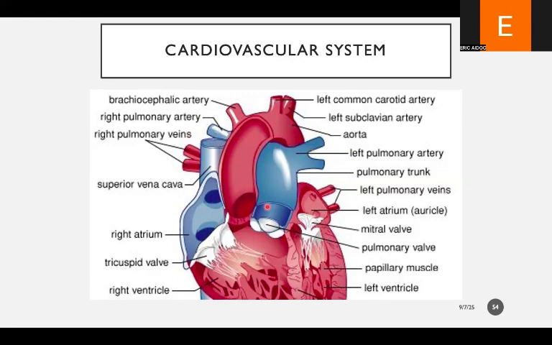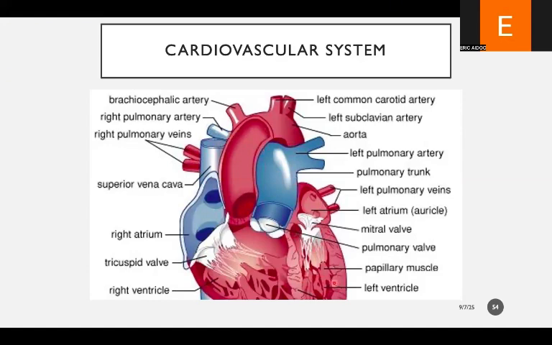These are sending blood which has less oxygen to the lungs to be replenished. That is a right pulmonary vein carrying oxygen-rich blood from the right portion of the lungs. Remember, the lungs have a left portion and a right portion. We'll be looking at the lungs after the cardiovascular system, and then you can link the two.